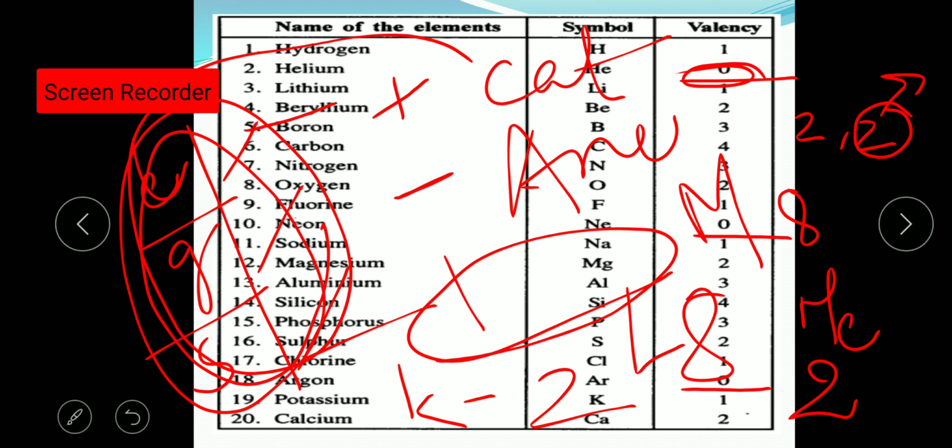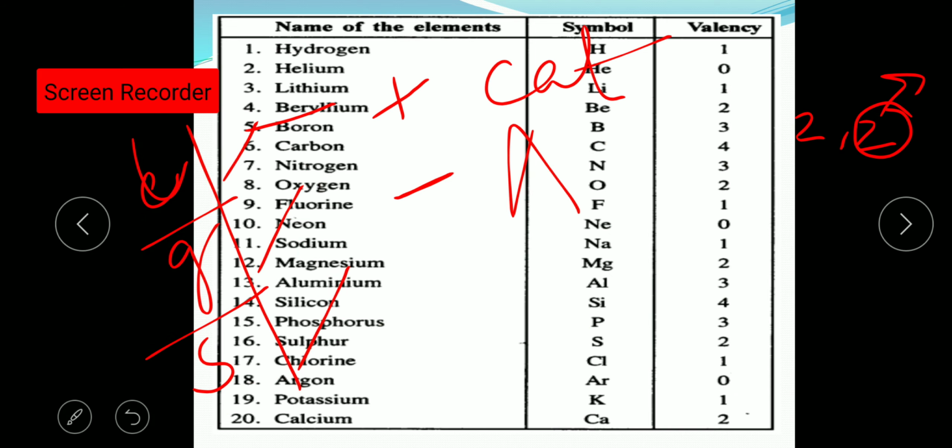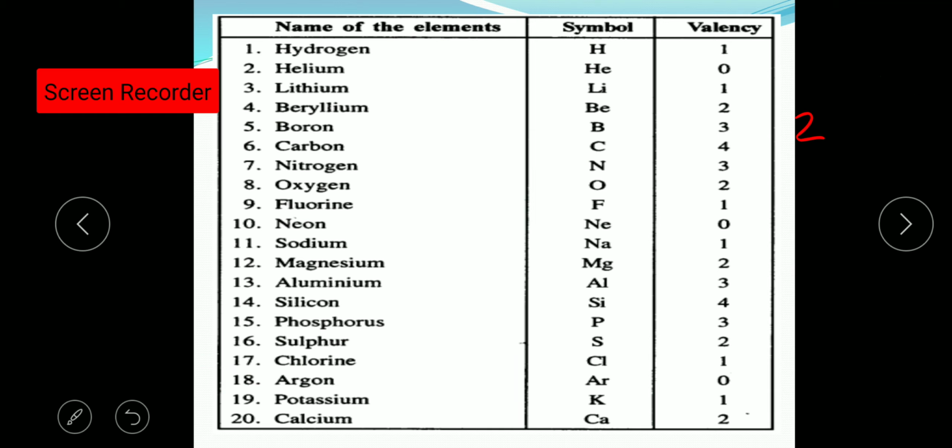In the N shell 18 electrons can be kept. So just like rooms have a capacity, the shells also have a capacity to keep electrons. And the atomic number is equal to the number of electrons or the number of protons. So you must keep that in mind.